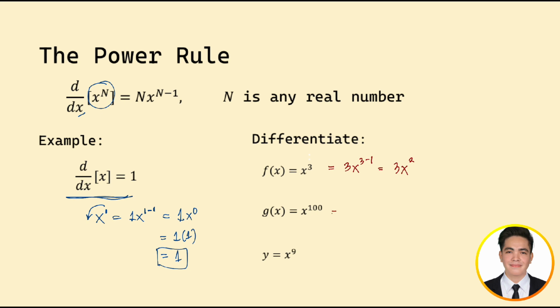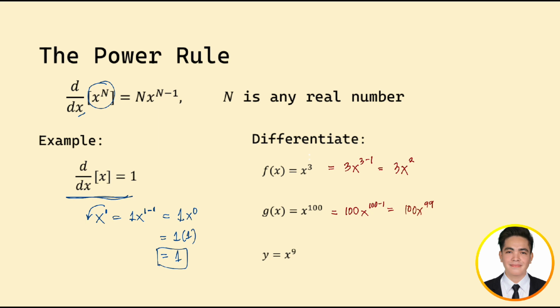Next one. So the same procedure, we bring down the exponent 100, and then we just write the x, and then we subtract the exponent with 1. So 100 minus 1, which is 99. So the derivative is 100x raised to 99.